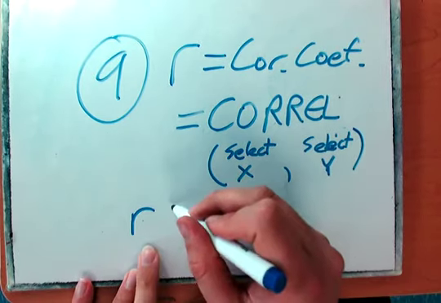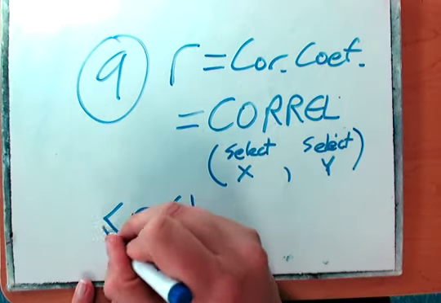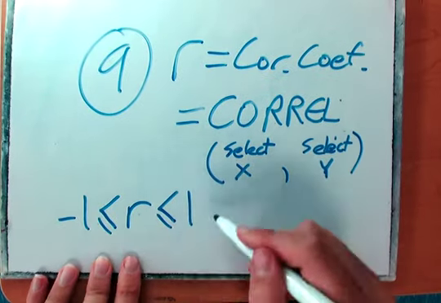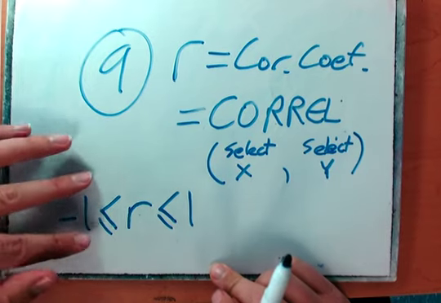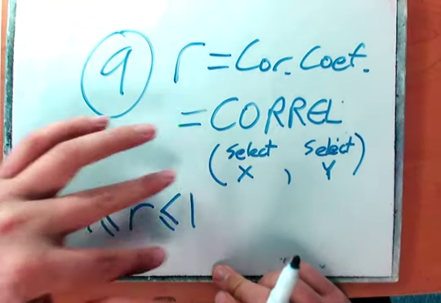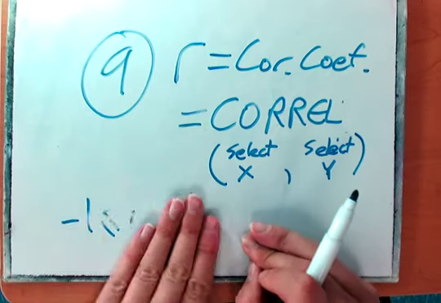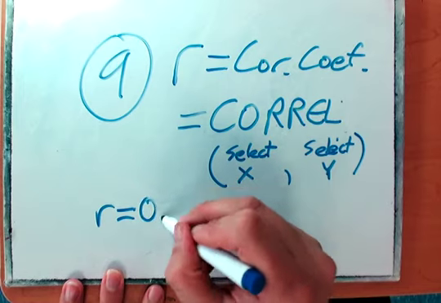So R is going to be between 1 and -1. That's what this fancy thing is. R must be between -1 and +1. So, what does that actually mean? Let's say your R equals 0.99.